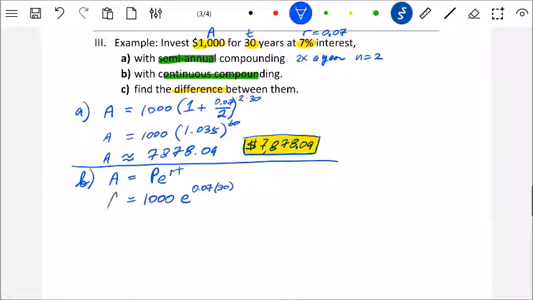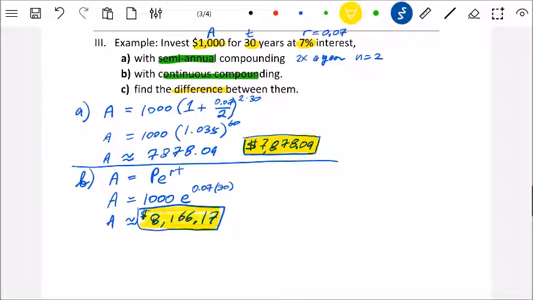Put that all into the calculator, and it's approximately 8,166.17. And I'll put the dollar sign with it there. So that's B.